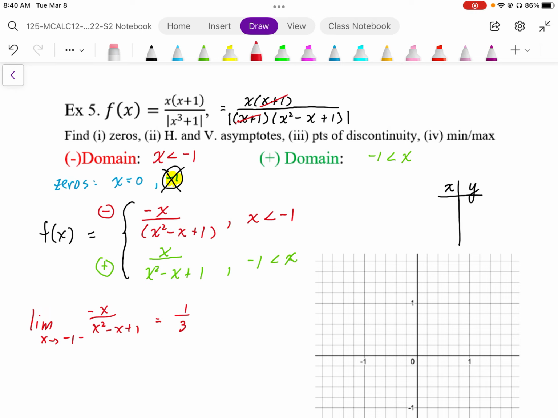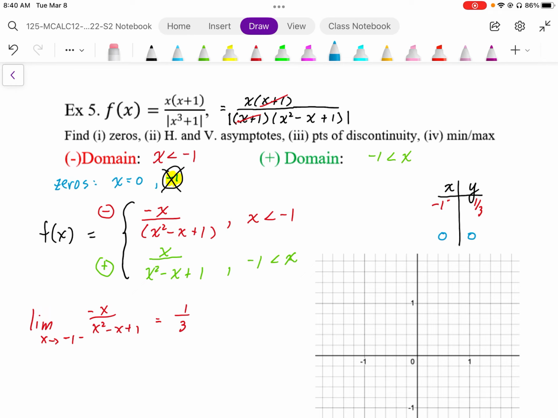So the limit from the left-hand side is going to be positive 1 over 3. I'm going to start putting these coordinates in. So from -1, from the negative side, it's going to be equal to 1/3. I also am going to put my 0 in here. So at 0, I know I have a coordinate at 0. Okay, so I've got a couple points there.